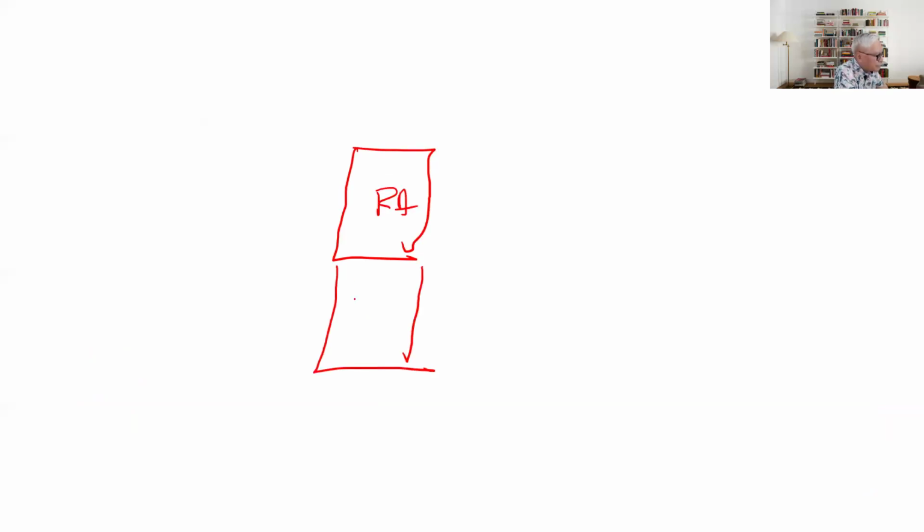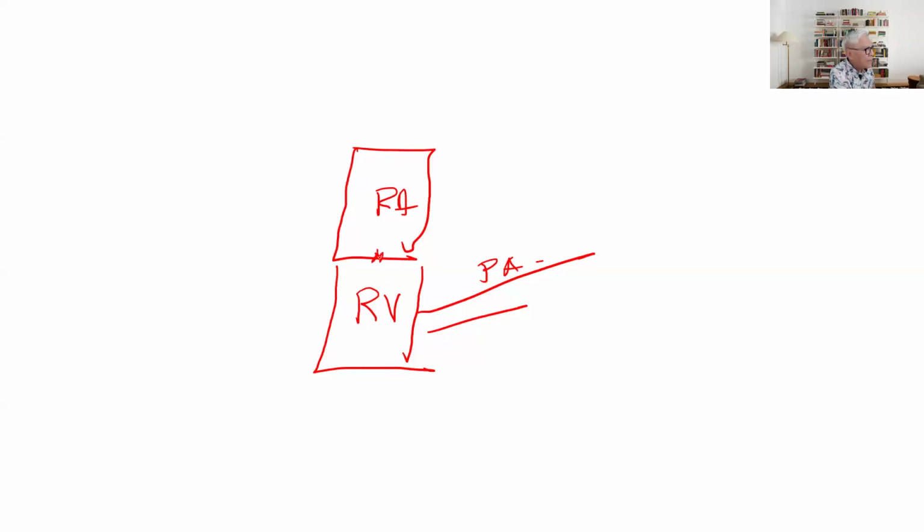Let's begin with right-sided heart failure. If this is the right atrium, the right ventricle, and the pulmonary artery, what are some of the possible conditions that would create problems on the right side of the heart?